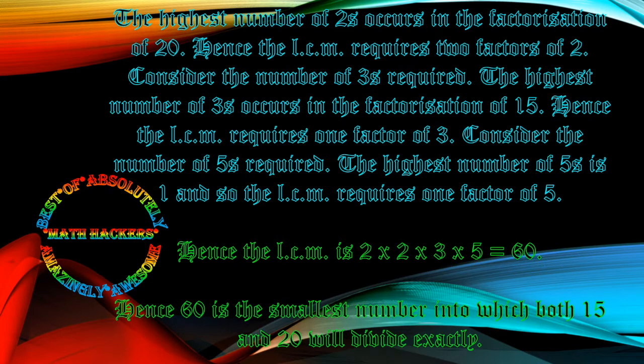The highest number of 5s is 1, and so the LCM requires 1 factor of 5. Point to be noted, all the factors are listed in an orderly and non-repeatable fashion, i.e., only the highest number of factors are listed without repeating. Therefore, the LCM is 2 times 2 times 3 times 5, which equals 60. Hence, 60 is the smallest number into which both 15 and 20 will divide exactly.